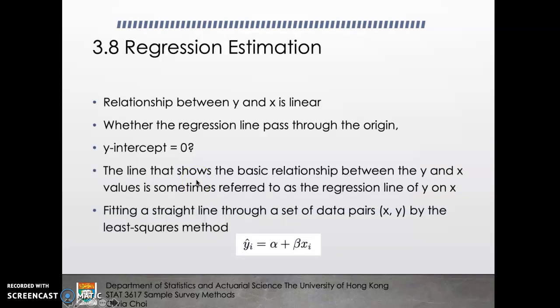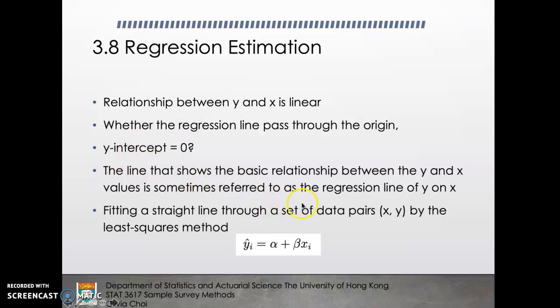So using the ratio estimator may not be ideal. It could be biased. So we move on to regression estimation, where we do not simply have the regression line, we also assume that the y-intercept has some implication in our estimation.